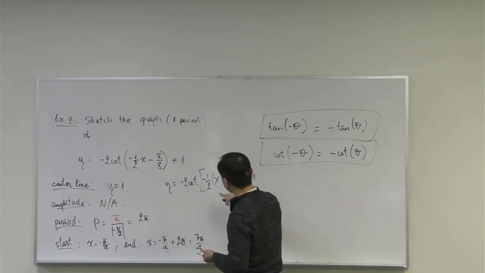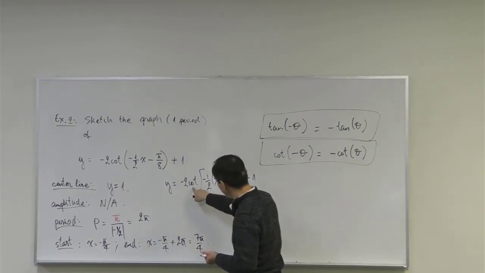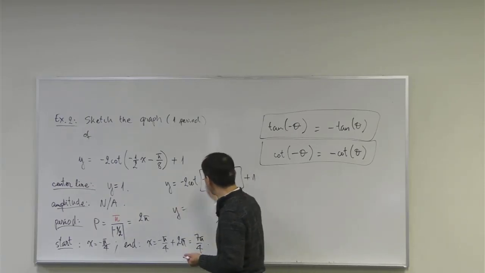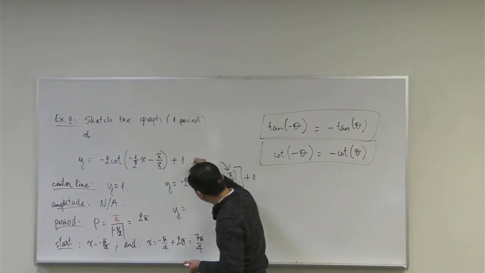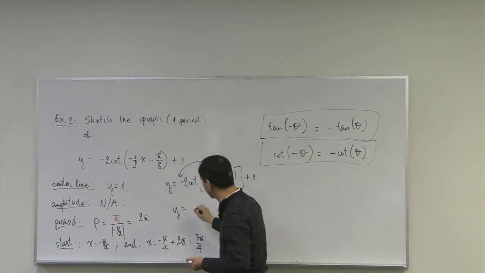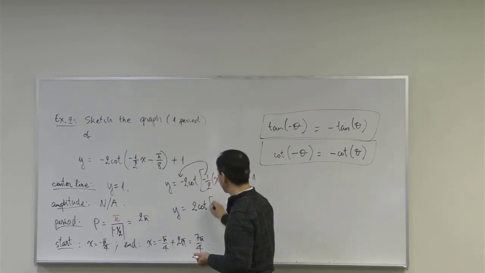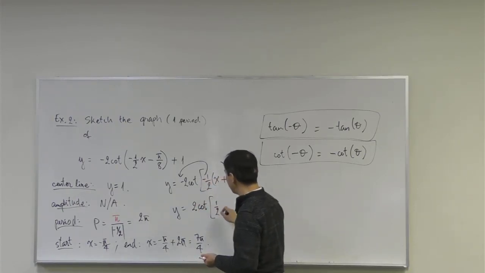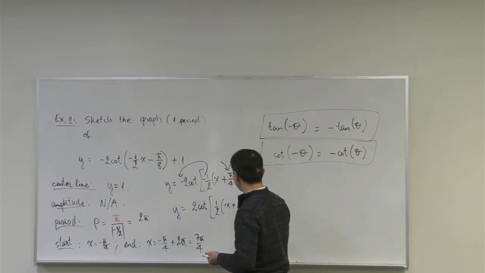Here we're looking at cotangent of a minus 1/2, and you can think of that as bringing the negative sign in front, but the negative sign in front counted together with that negative sign here makes it all together a positive 2. Positive 2 cotangent of now just regular 1/2, then x plus pi over 4, and plus 1.